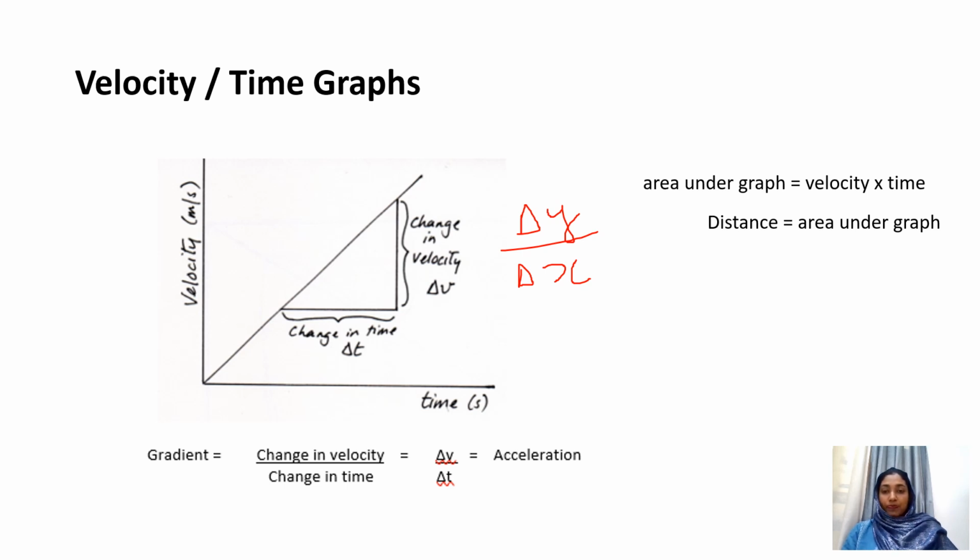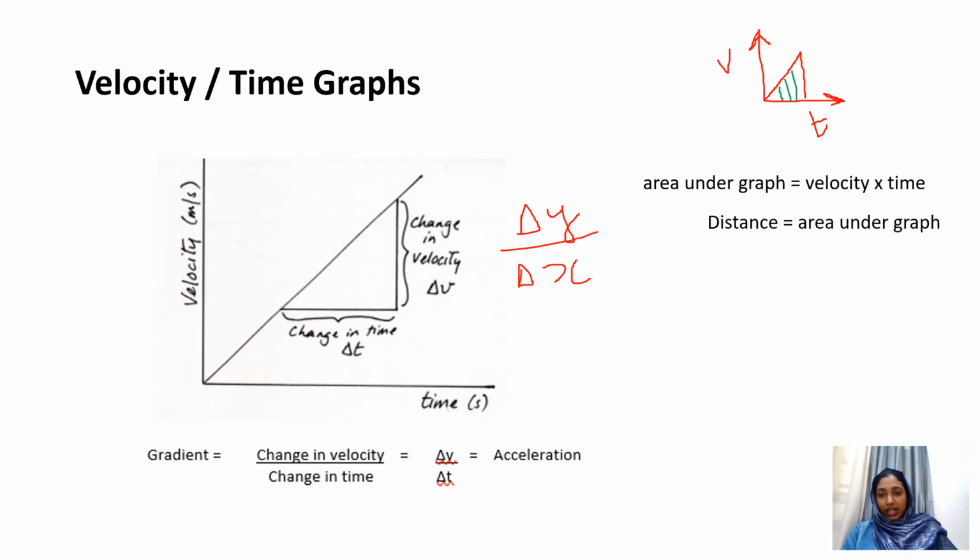Now if I have a graph like this, I need to find the area under this graph.